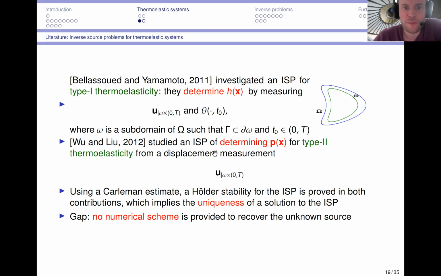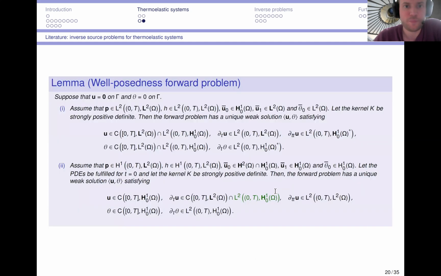Wu and Liu studied the determination of the space-dependent load source for type 2 thermoelasticity from a displacement measurement on the same subdomain, as in the paper of Bellassoued and Yamamoto. In both papers, the Carleman estimate is used, which gives some Hölder stability for the inverse source problem and also the uniqueness of a solution, but there are no numerical schemes to reconstruct the unknown source.